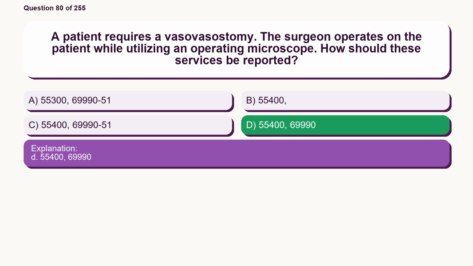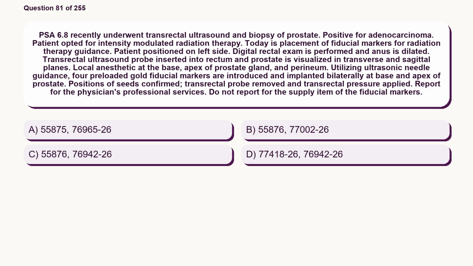Question 81. PSA 6.8, recently underwent transrectal ultrasound and biopsy of prostate, positive for adenocarcinoma. Patient opted for intensity-modulated radiation therapy. Today is placement of fiducial markers for radiation therapy guidance. Patient positioned on left side. Digital rectal exam is performed and anus is dilated. Transrectal ultrasound probe inserted into rectum and prostate is visualized in transverse and sagittal planes.